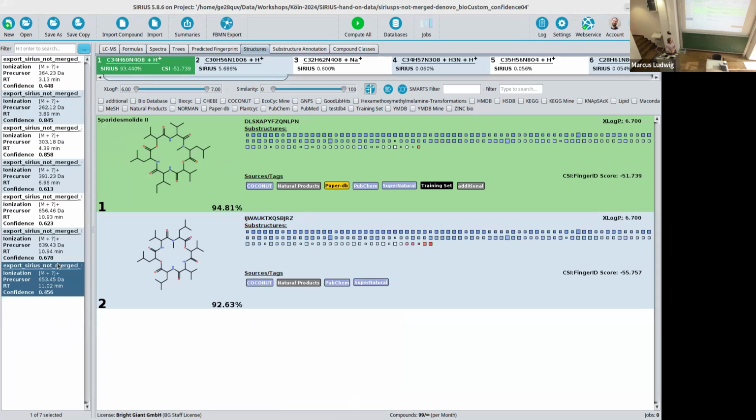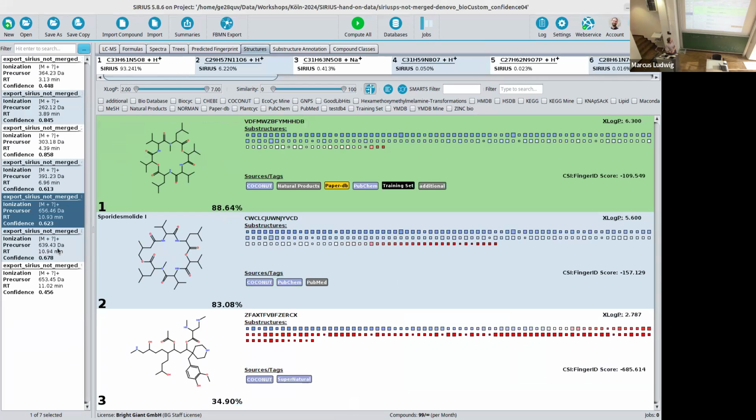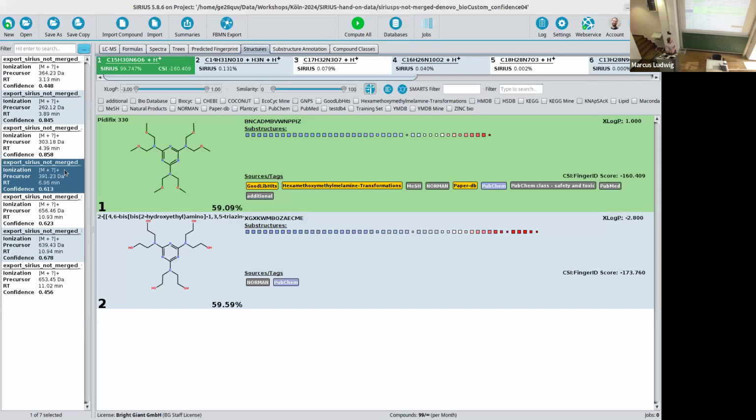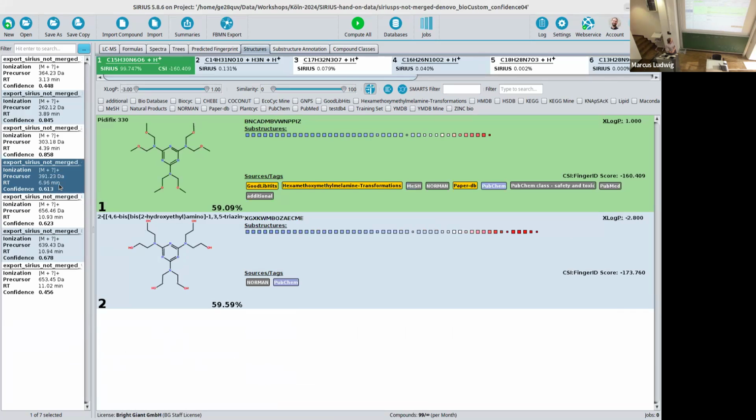So I think here these ones have also been found in the paper. But the ones we want to focus on is basically this one. I think it is the original compound structure that was also found for the paper. But assume this is not measured because you only see the biotransformations.